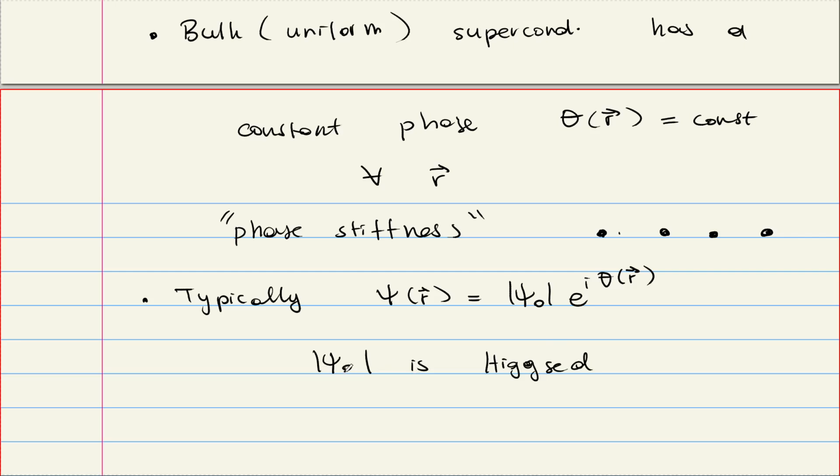So the variations in psi are gapped, whereas theta of R is slowly varying, and it's also gapless.